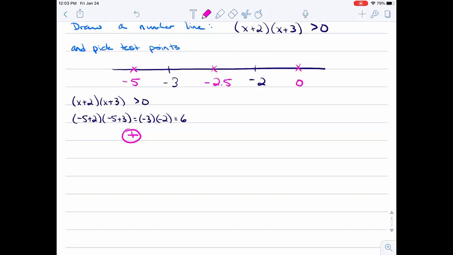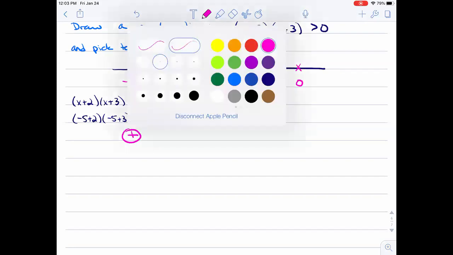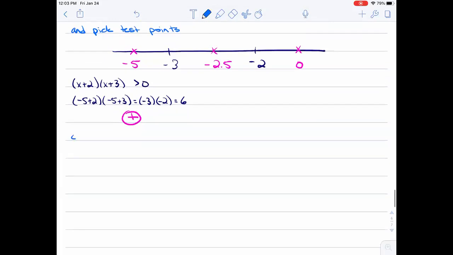Either way is fine. A negative value times a negative value is a positive value. So you can just think about how it would behave, and then you don't have to figure out what the actual value is.